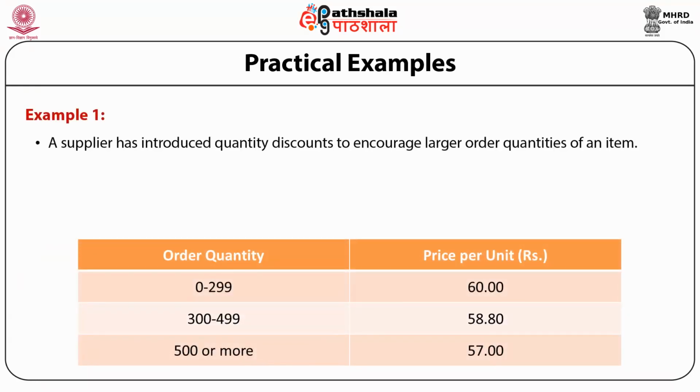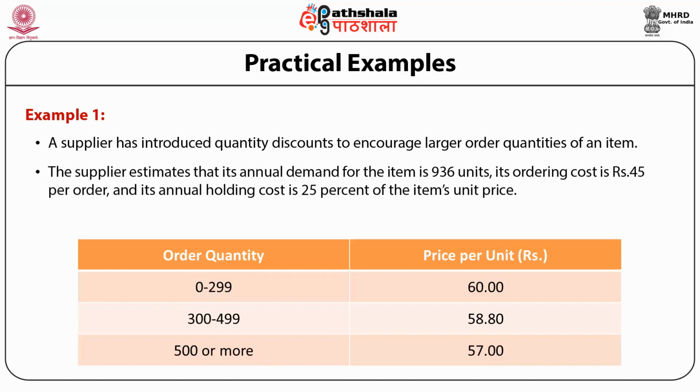A supplier has introduced quantity discounts to encourage larger order quantities of an item. The price schedule is: order quantity 0 to 299, price per unit is Rs 60. Order quantity 300 to 499, price per unit 58.80. Order quantity 500 or more, price per unit 57.